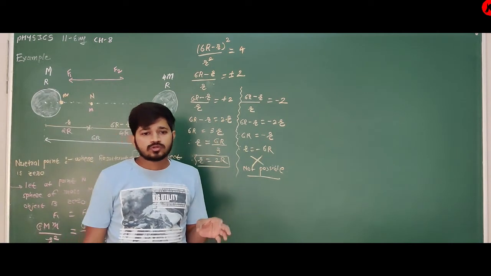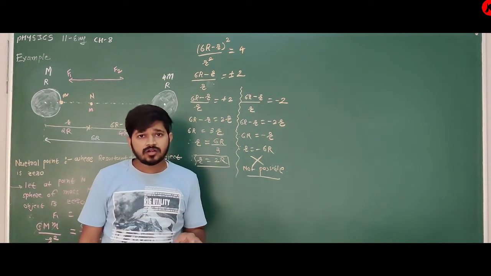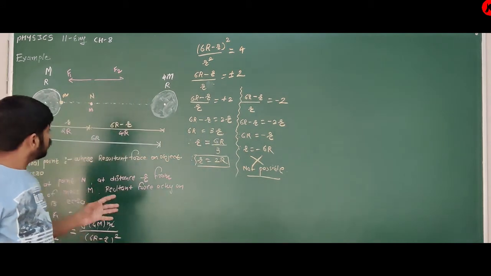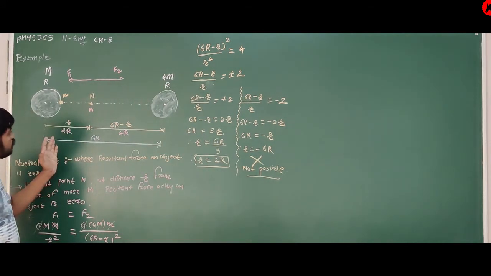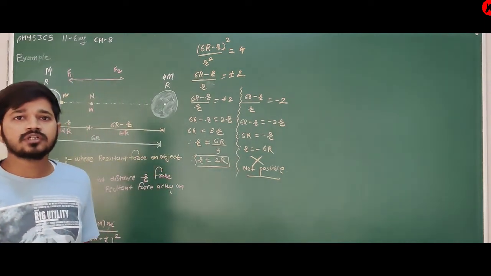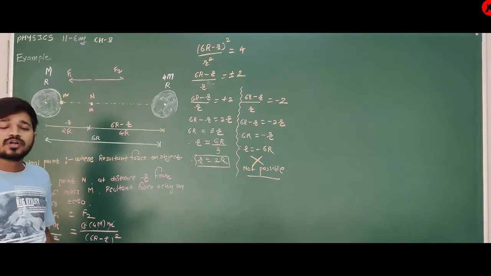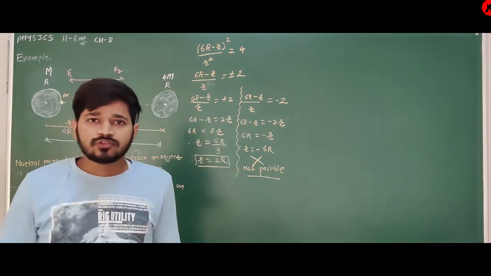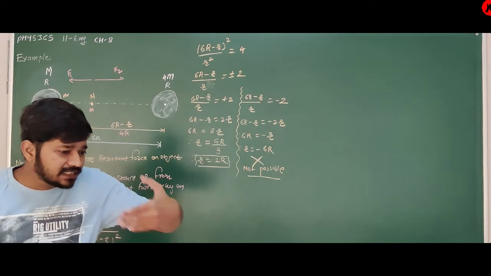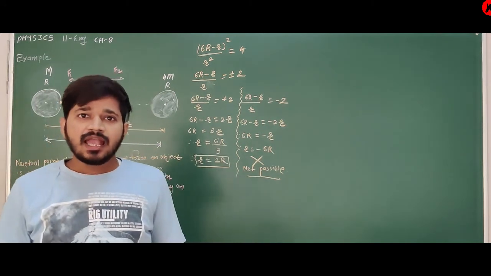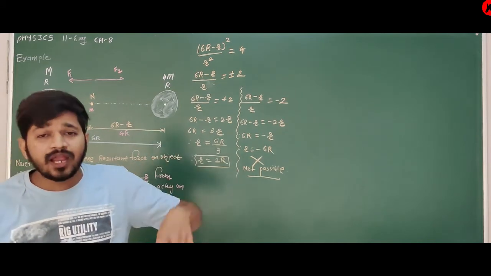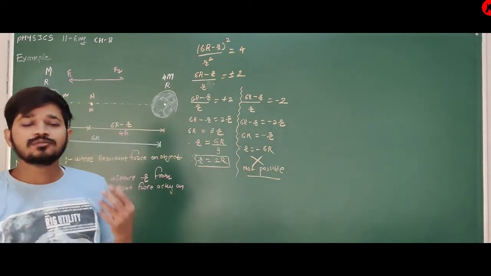It is a concept like Mission Mangal. If you want to launch some satellite, or if you want to make an object that moves out of the gravitational field of Earth and reaches the field of another planet, first of all, you have to throw the object such that it escapes the gravitational field of Earth, and then with that velocity, it has to enter the field of another planet.